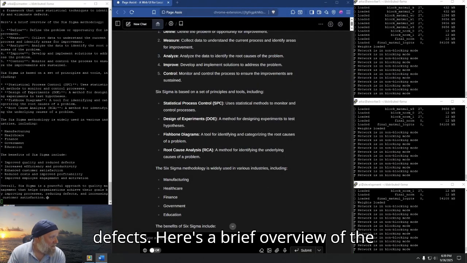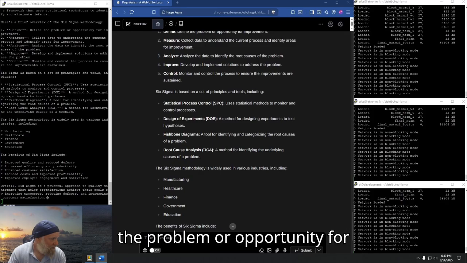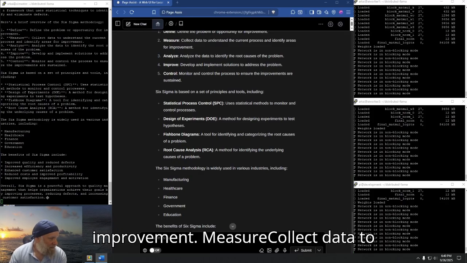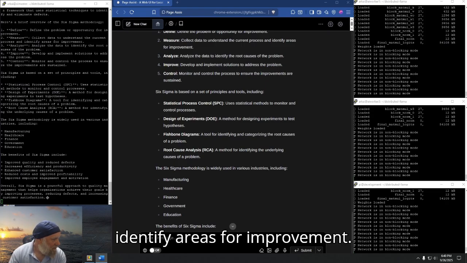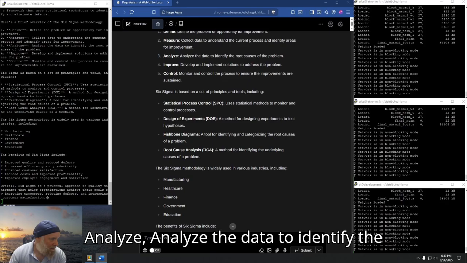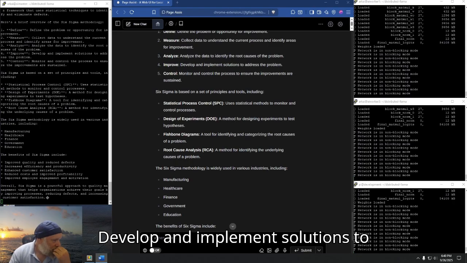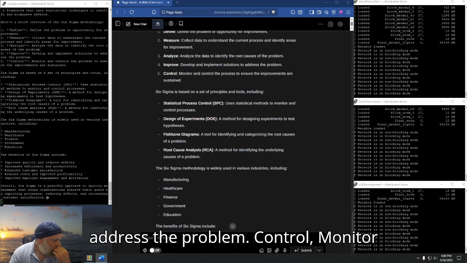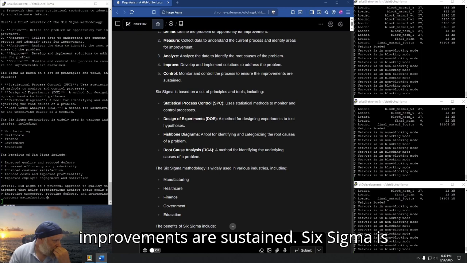Here's a brief overview of the Six Sigma methodology. Define: the problem or opportunity for improvement. Measure: collect data to understand the current process and identify areas for improvement. Analyze: the data to identify the root causes of the problem. Improve: develop and implement solutions to address the problem. Control: monitor and control the process to ensure the improvements are sustained.